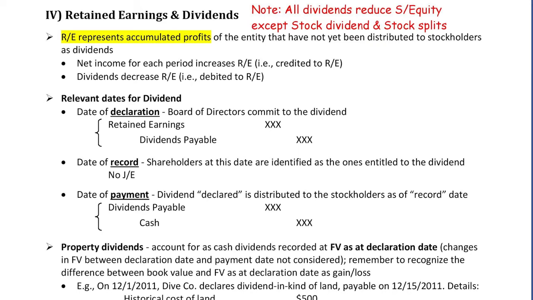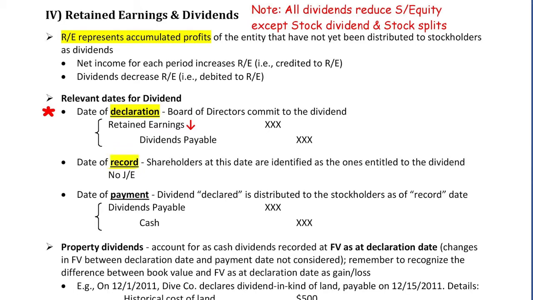We'll now look at relevant dividend dates and put a star there because this one is very important. First you have the date of declaration. Now on this date the board of directors they commit to the dividend. So the retained earnings, draw a downward arrow, it gets reduced and there is a liability created, dividends payable. Then we are looking at the date of record.